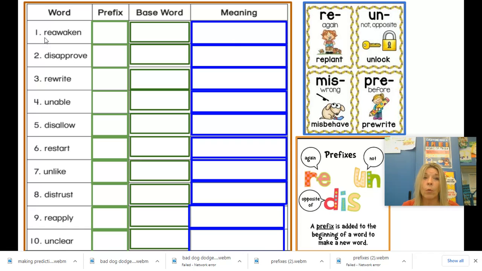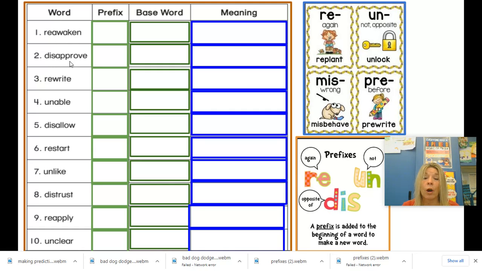So let's look at number 1. Number 1 says reawaken. I want you to think about what is the prefix, what is in the front, a couple of letters, then what's the base word. Remember, a base word could be a word all by itself. And then what does this word mean? Same with disapprove.